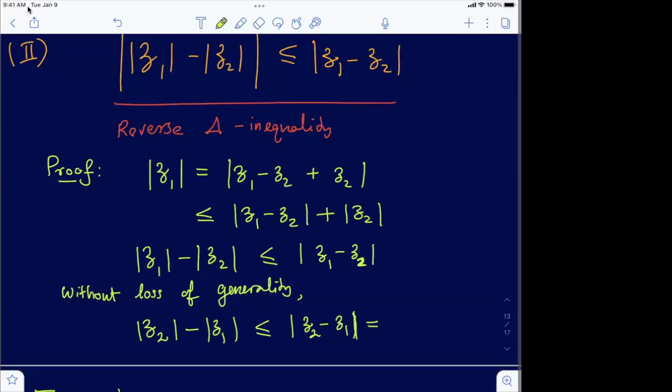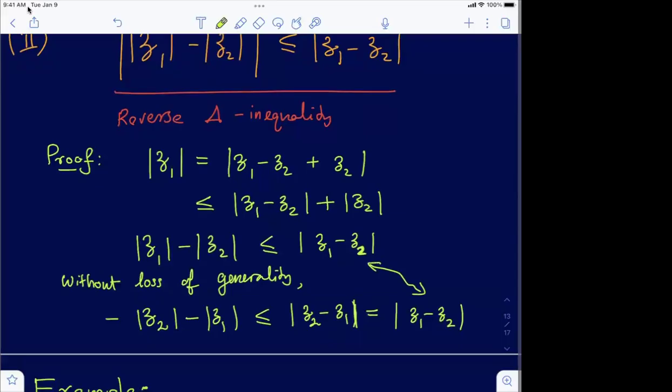It is just the magnitude of these two numbers. That magnitude would be the same as the magnitude of Z1 minus Z2, the same quantity as before. So you can change the positions of these two numbers. On the other hand, this number is none other than the negative of Z1 minus Z2 with the absolute value, right? So what you see here is essentially the same thing.